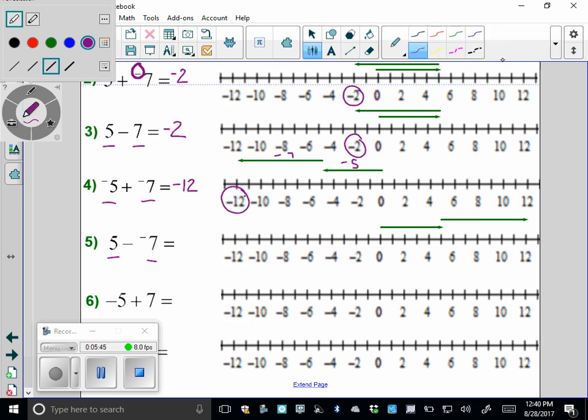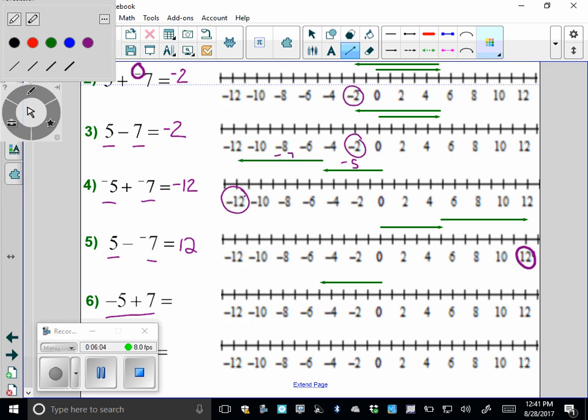So my final answer here is 12. Looking at this next problem, 6. I'm going to start at 0 and go to negative 5. And then I'm going to add 7. So I'm just going to go 7 units to the right. That makes my final answer positive 2.